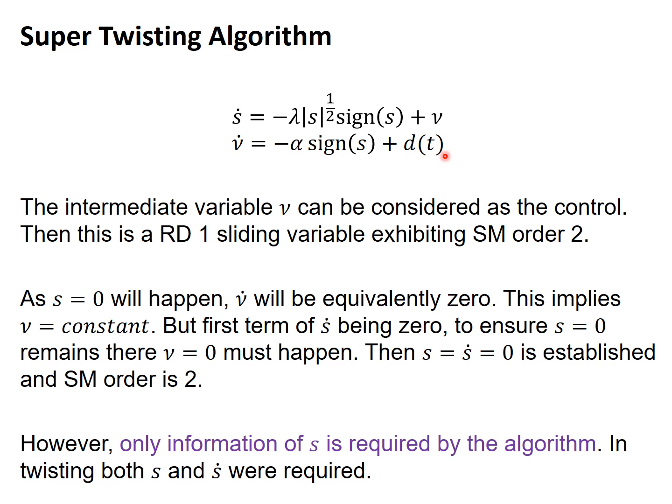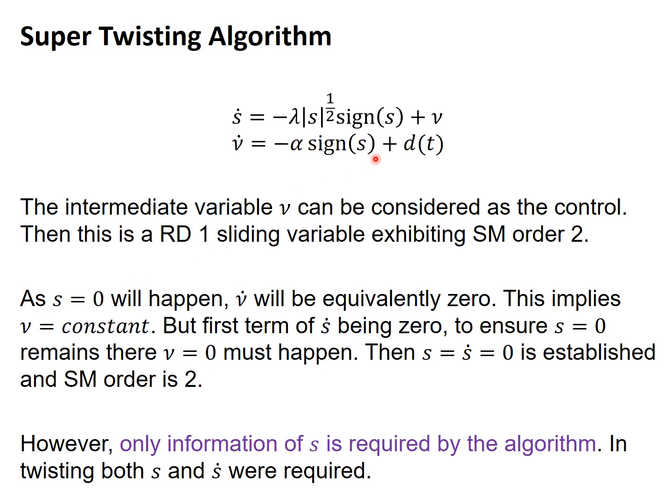Okay. So, anyway, let us go ahead with the proof that it makes S and S dot 0 in finite time. But first, before going to the formal proof, let us have a sanity check whether this actually might happen.